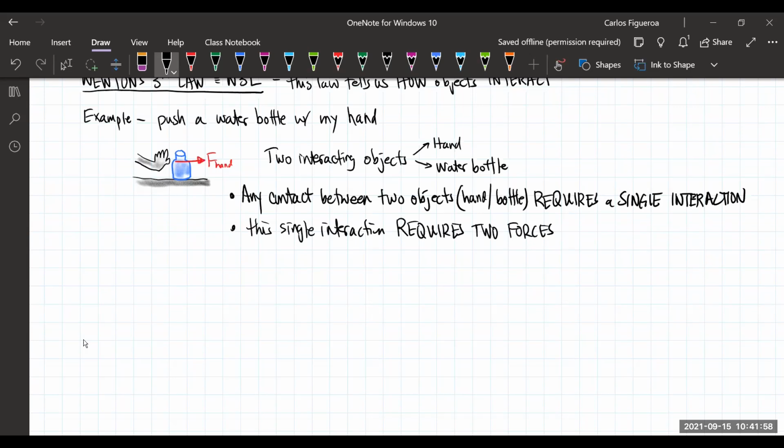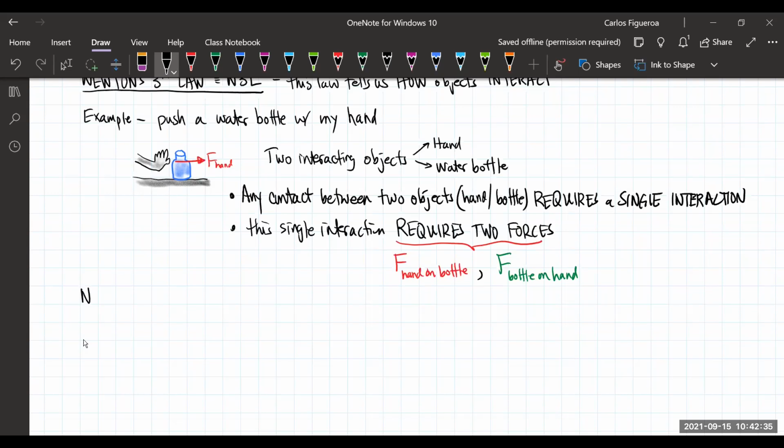In this scenario, the two forces are the force of my hand on the bottle versus the force of the bottle on my hand. There are two different forces because it's a single interaction. So now, what does Newton's third law have to say about those forces?